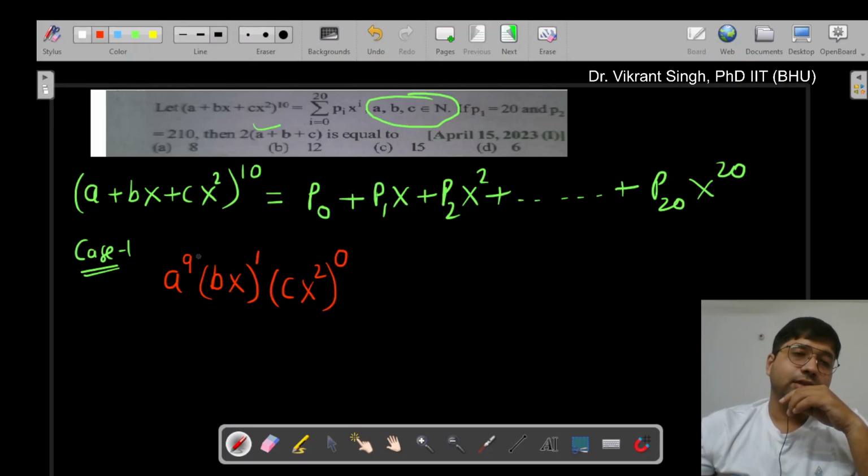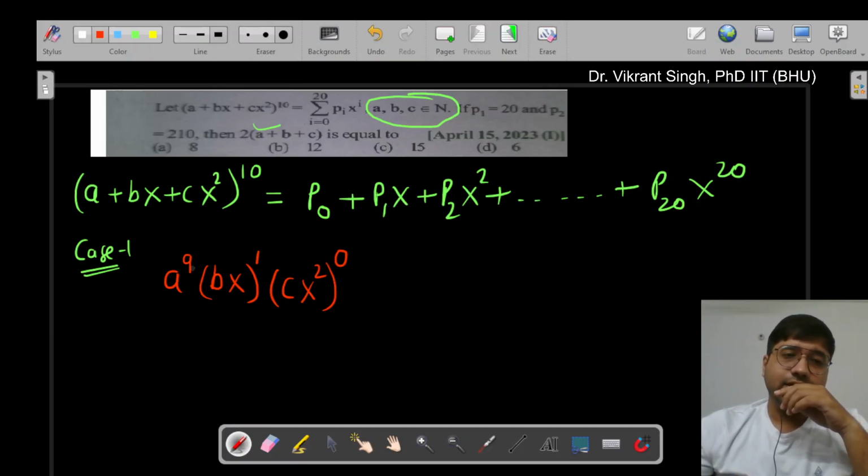In multinomial theorem, the sum of the indices must be equal to n, that is 10. So we have to distribute this power 10 so that the summation is 10, but we get the required degree of x.